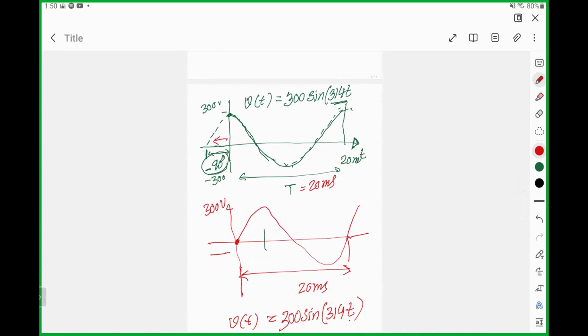But do you think this one and this one are the same signal? No. We can verify this, they are not the same. So if the frequency is the same, the phase can still have a different value, and that has to be considered whenever you do the calculation.